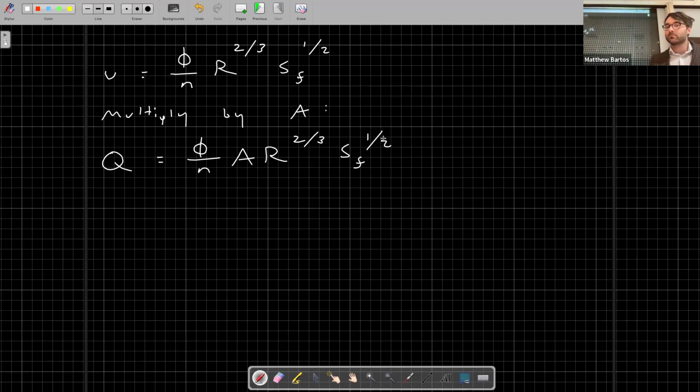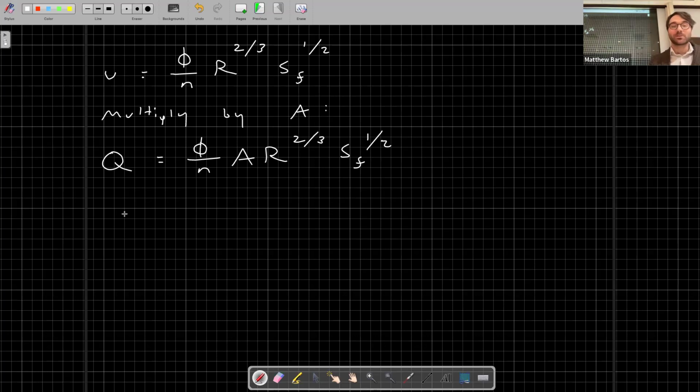Friction slope, well, what's a way that we can specify this friction slope? Yes. So for uniform flow, what is S_f equal to? The bottom slope. Very good.